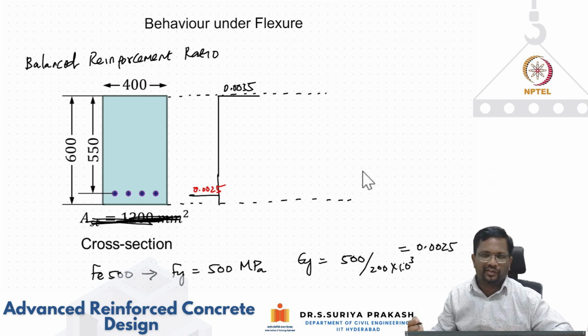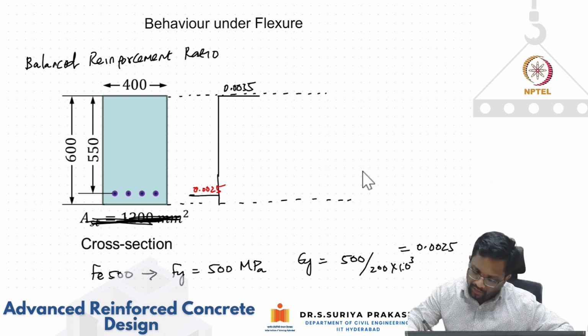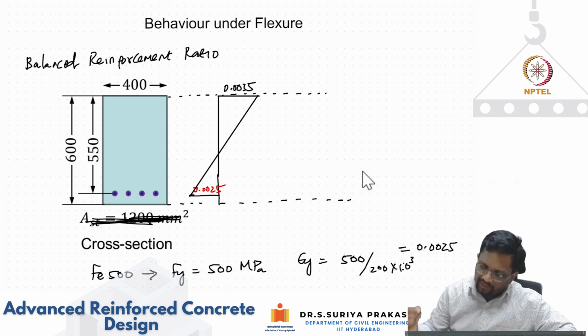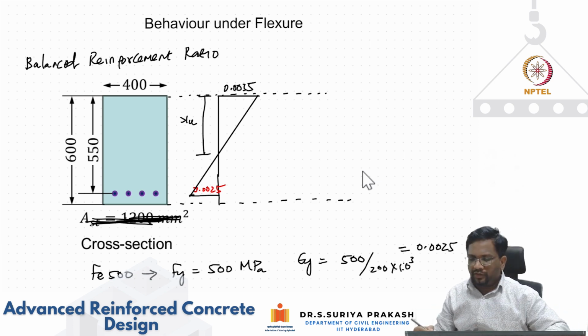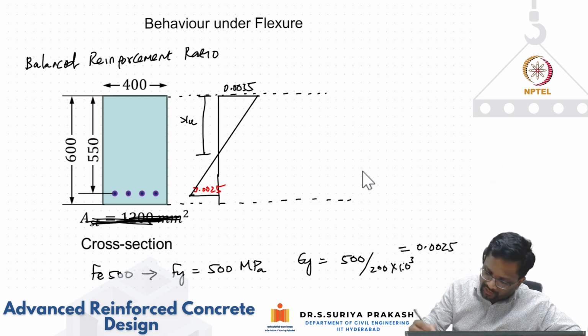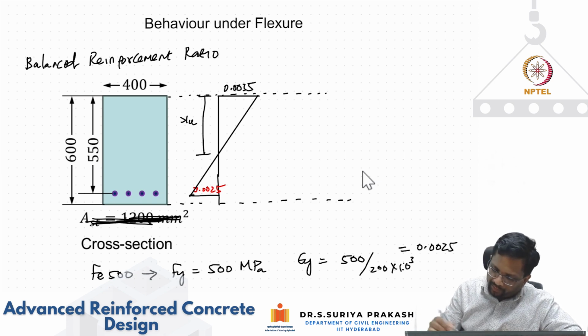So these two strains are fixed for me, right? So if I connect these things, then you will find that my neutral axis depth is fixed. So this is my neutral axis depth, which is xu. You can see here, this distance I know, which is 550 mm.